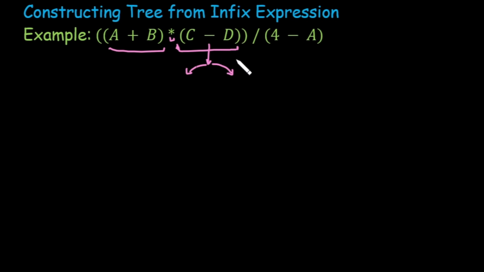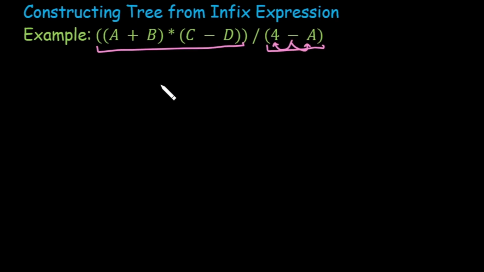Now move to the next expression. The next expression is between this bracket and this. It means this is the left of this divide and the right of the divide is this. And for the subtraction, it is between this bracket. So left is 4, right is 8.